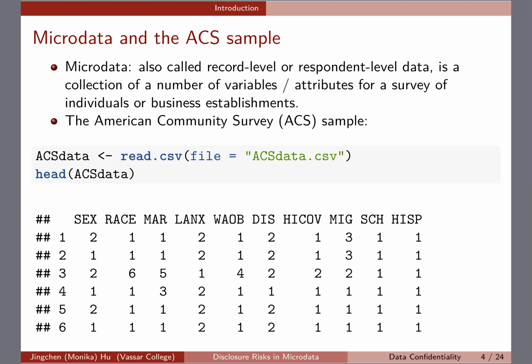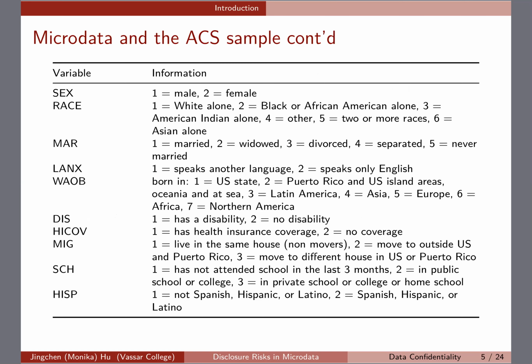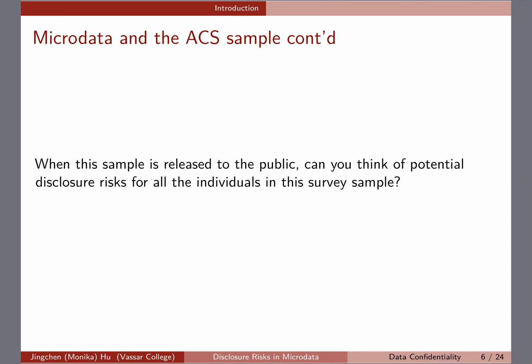And page 5 is what the information is for each of the variables. So they're all categorical. I think now we know that. When this sample is released to the public, you think of potential disclosure risk for all of the individuals in the survey sample.